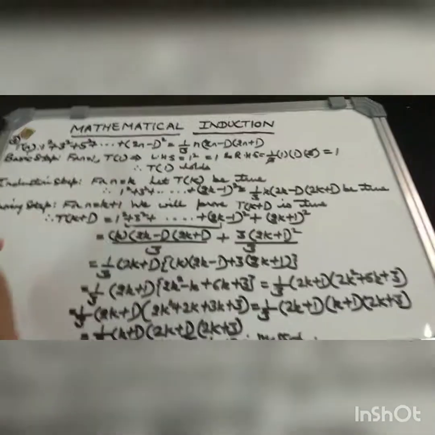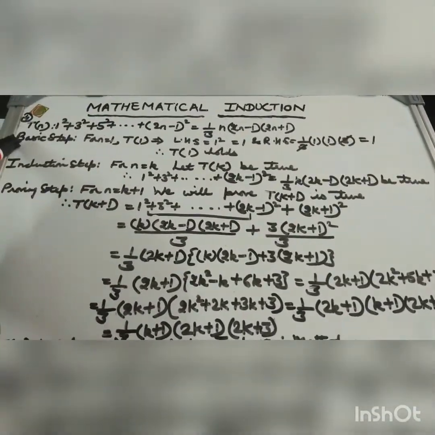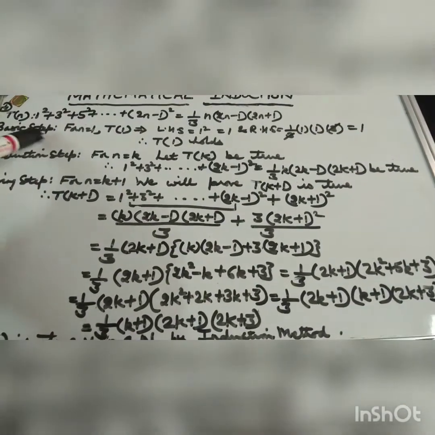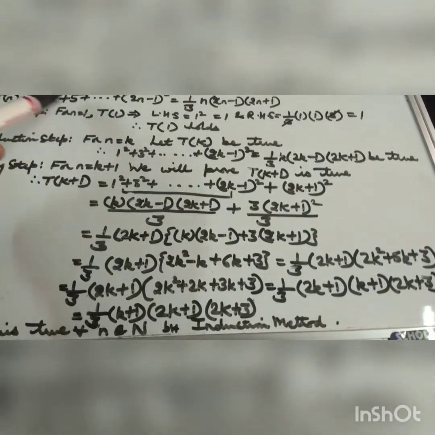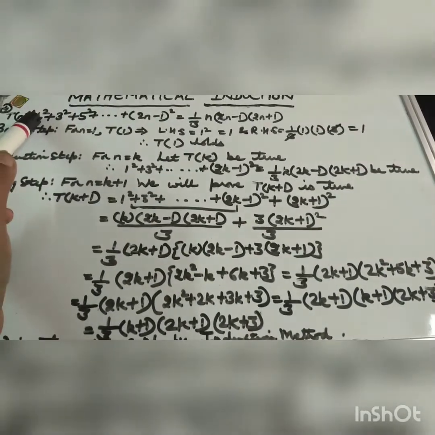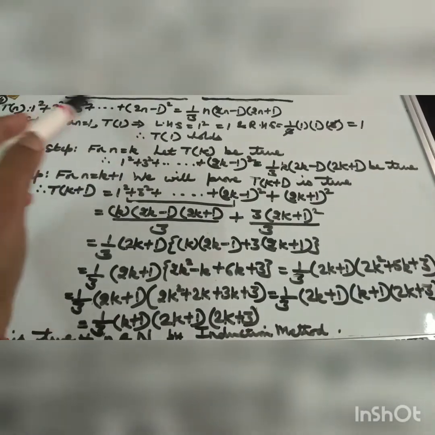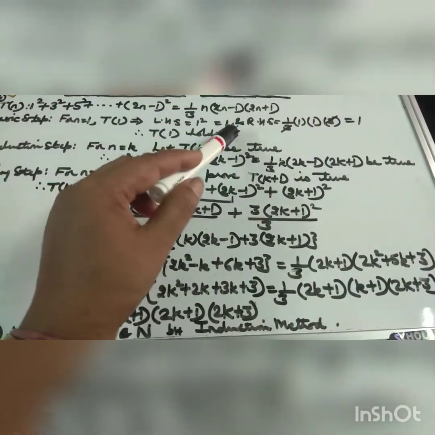Now I am starting with the first step, basic step. Now here basic step means for n equals to 1. Now if you put n equals to 1, then here in this statement you are getting 1 square, which is left hand side equals to 1.